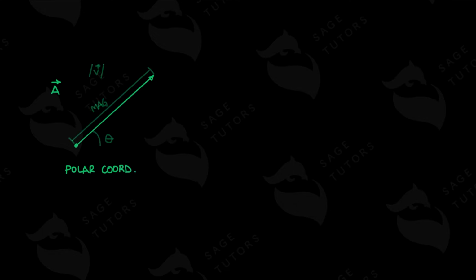Now we can represent the same vector A with the same arrow, but in this case, not by its polar coordinates, but by its Cartesian coordinates. You might remember this word from your Cartesian planes, and this is exactly what we're going to represent this vector by.